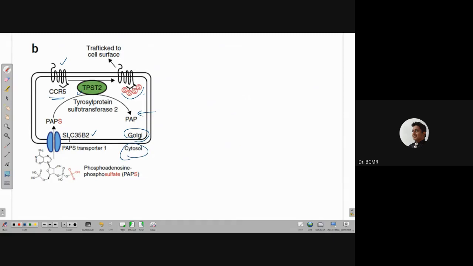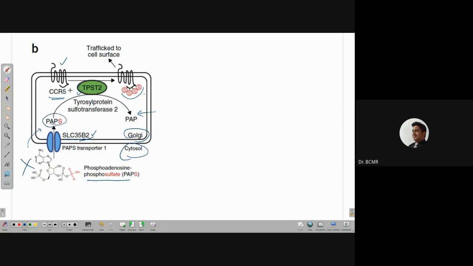There is also one more, it's a transporter in the Golgi complex, the SLC35, that is the other one, which is important for transporting phosphoadenosine phosphosulfate into the Golgi complex. If this is not there, then even if this enzyme is present, the substrate is not present.